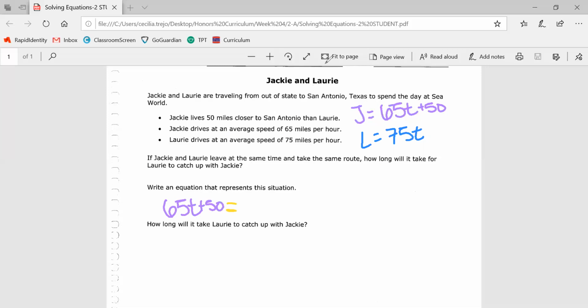You know what, let me rewrite that because it's too close. So I'm gonna start farther. There we go, 65t plus 50. So there was Jackie's expression, right? And now we'll go to Lori's.